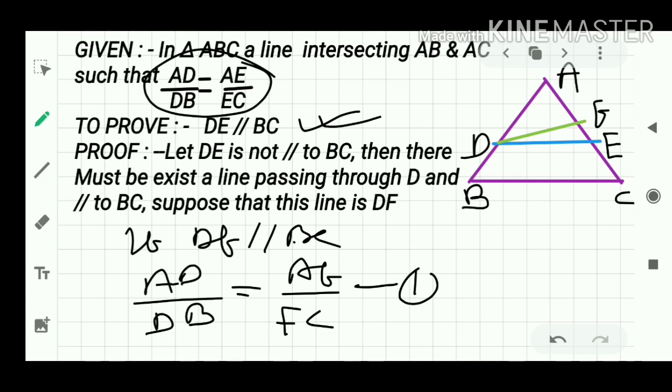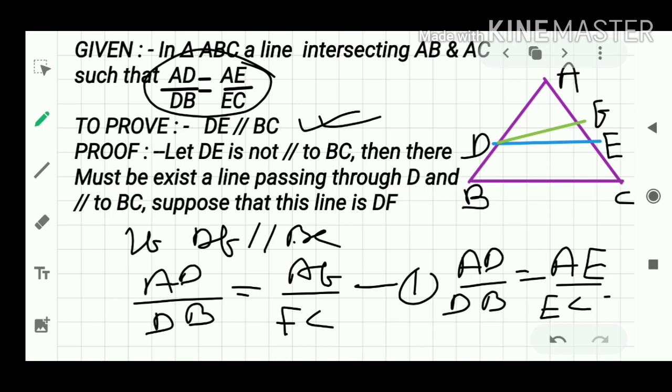But we know that it is given in the theorem AD by DB equal to AE by EC. Suppose that this is equation 2. So clearly we see that in equation 1 and equation 2 our LHS parts are equal.